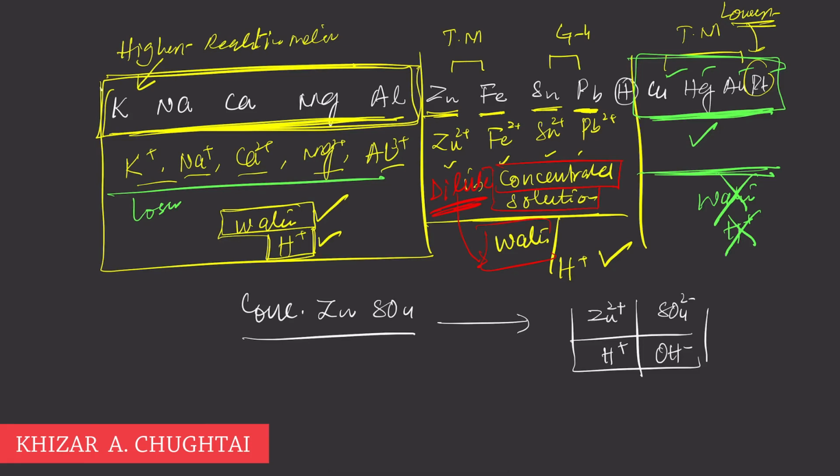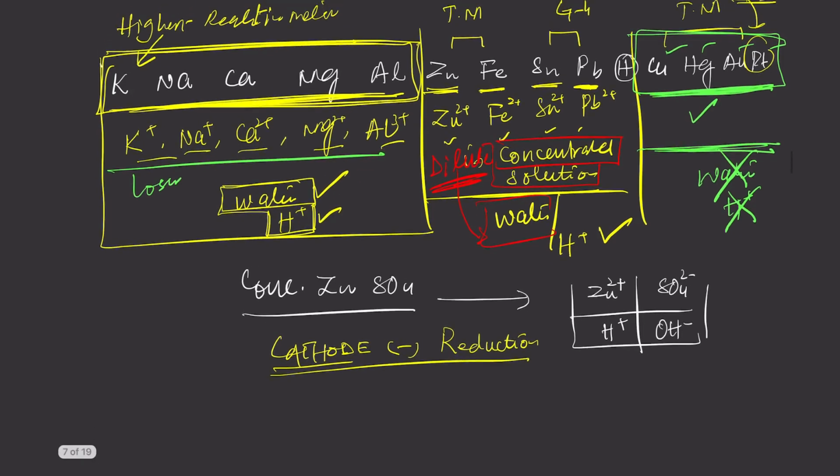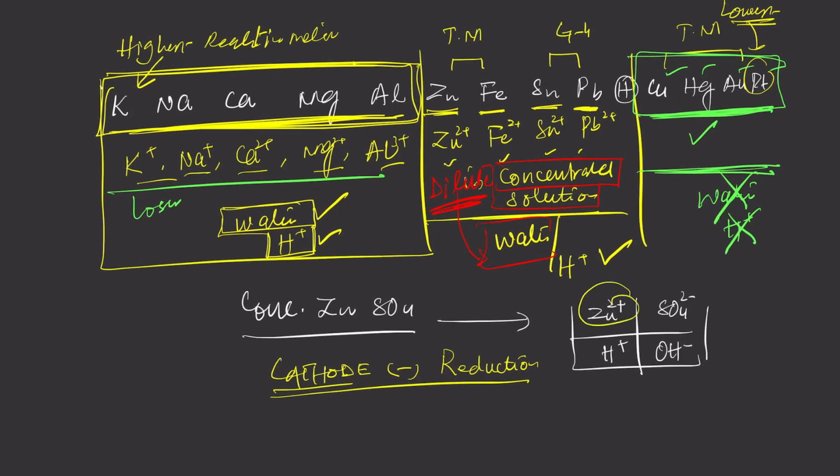So the first thing is to check what is happening at the cathode, the reaction at the cathode. Cathode is basically a negative terminal where reduction occurs. At cathode, there is a competition between zinc 2 positive ion and H positive ion.